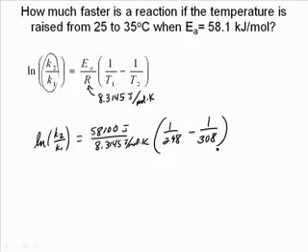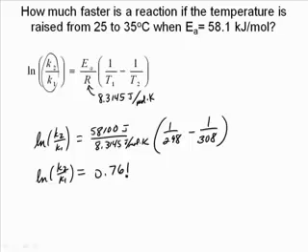Okay, so if we pull all that together, I get that the natural log of K2 over K1 is 0.761.